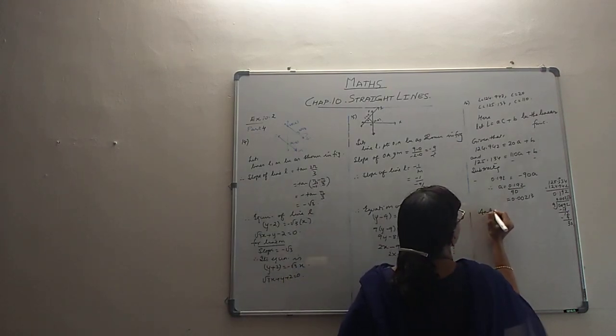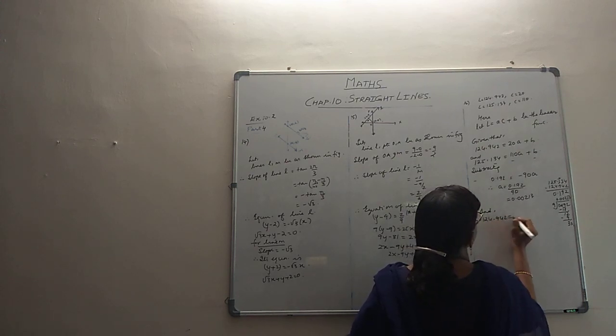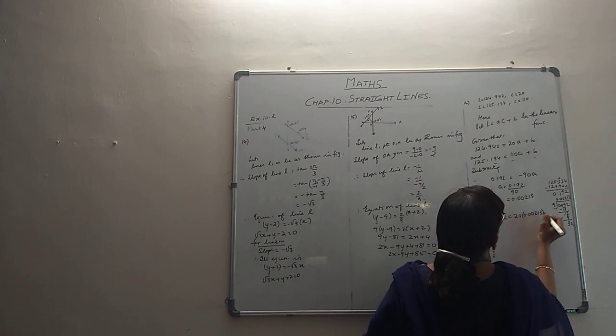In any one of the equations, 124.942 equals 20 into 0.00213 plus b.